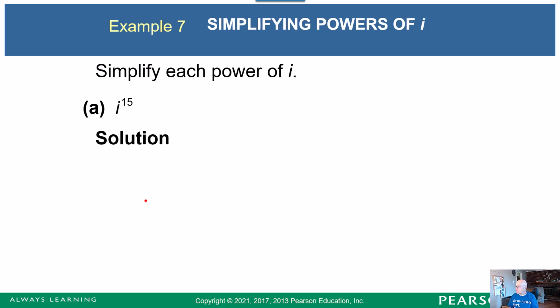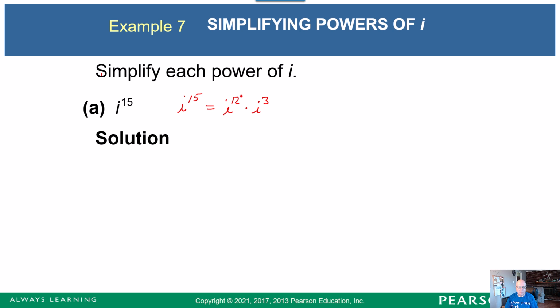So how about this one? Can you crack this case? There's i to the 15th. So what we want is take as many 4s out here as we can, which would mean we could take 12 out and would have another i cubed.